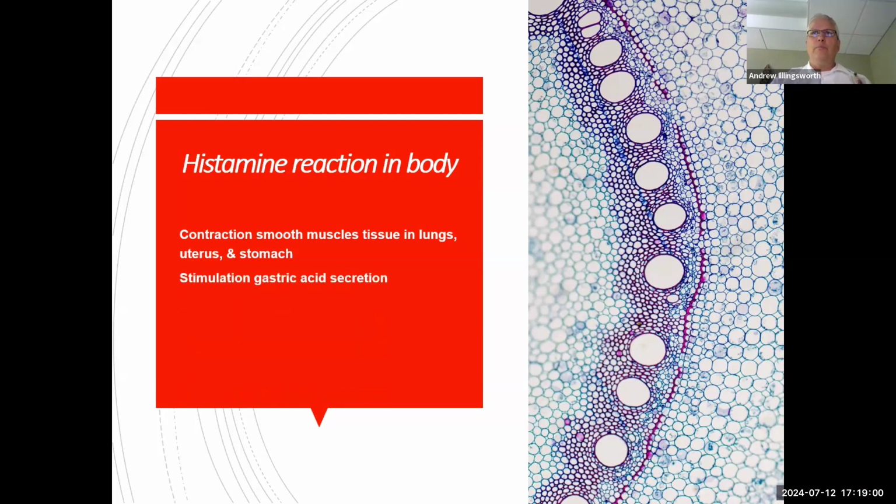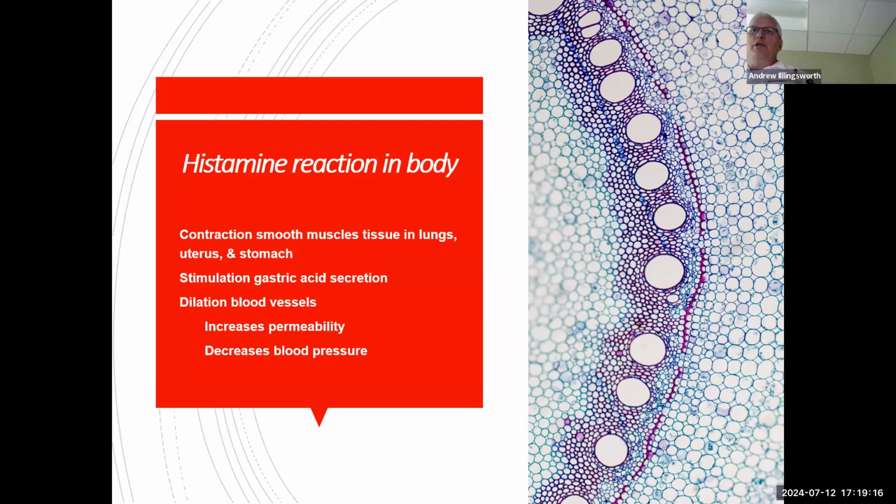It causes stimulation of gastric acid secretions because it wants to empty the stomach, because it thinks something is harmful in the stomach. This increases permeability and it decreases blood pressure by dilation of the blood vessels.